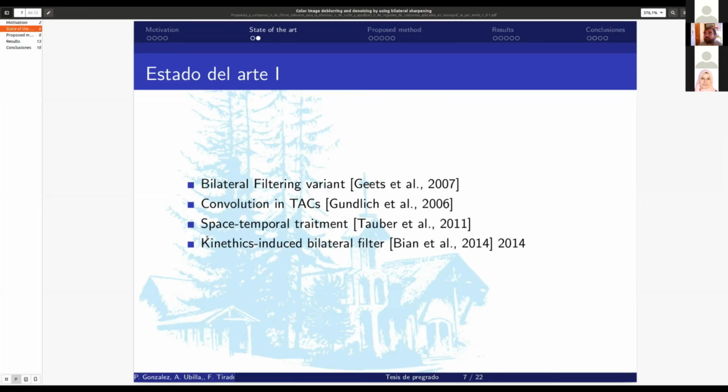This takes all the information to obtain the calculus of the photometric kernel by using Euclidean distance, and many volumes or many frames are weighted by the time of the acquisition process.